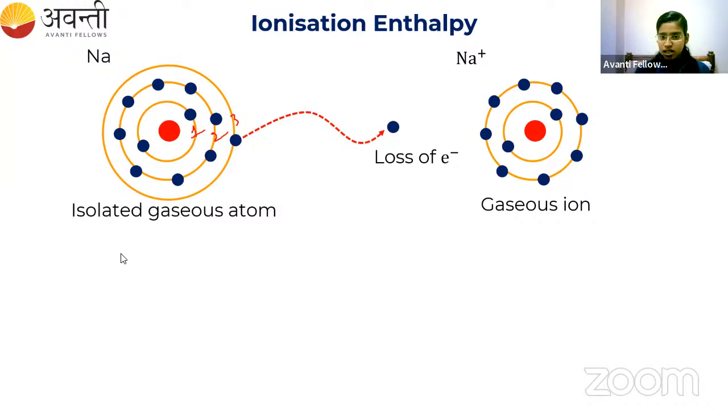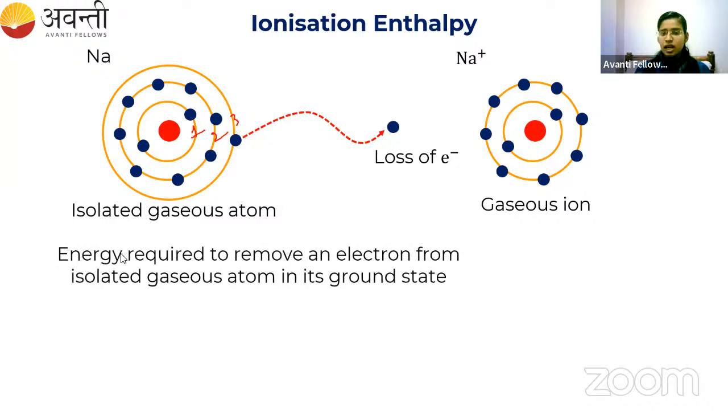The energy required to remove the electron from an isolated gaseous atom in its ground state is called ionization energy. Simply you cannot remove an electron. You need to give some energy to remove it. That energy is called ionization energy.